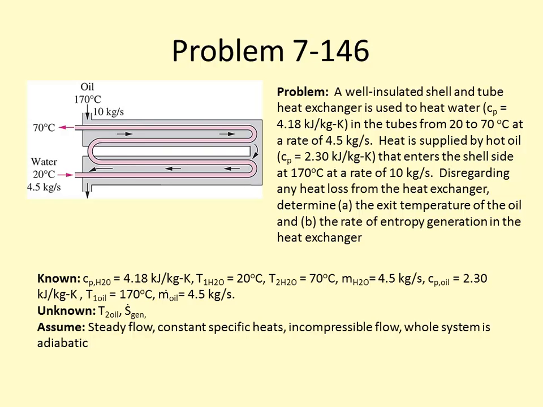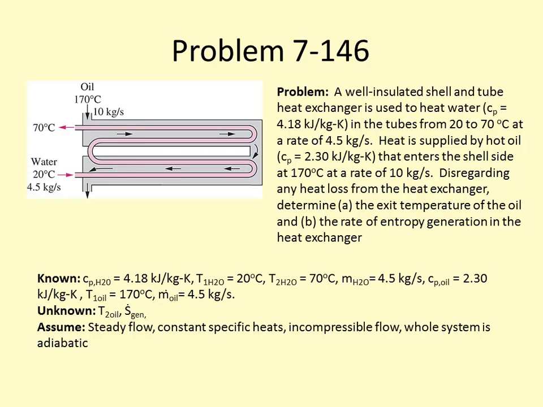Okay, so let's do that. So if we do the energy balance on the water, Q dot in minus Q dot out plus work dot in minus work dot out is equal to the mass flow rate of the water times H2 minus H1. So the outlet of the water is 2, and 1 is the inlet.